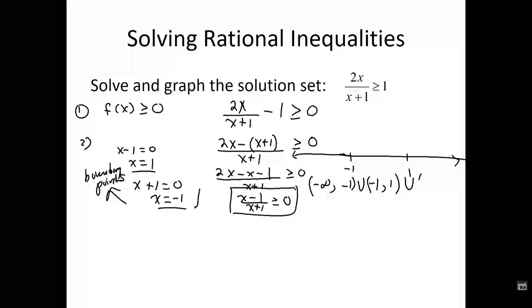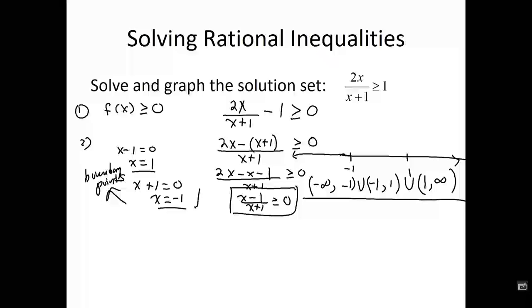And all real numbers greater than 1. All right, so the boundary points give us these 3 distinct intervals. Now, just as we did in the previous problem, when we were solving the polynomial inequality, we now use the same steps that we used there.